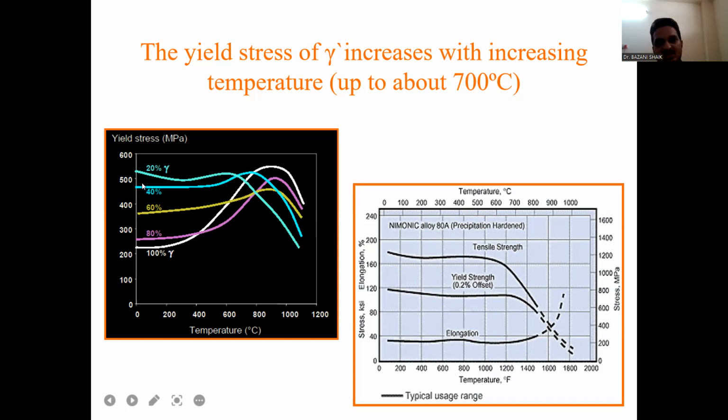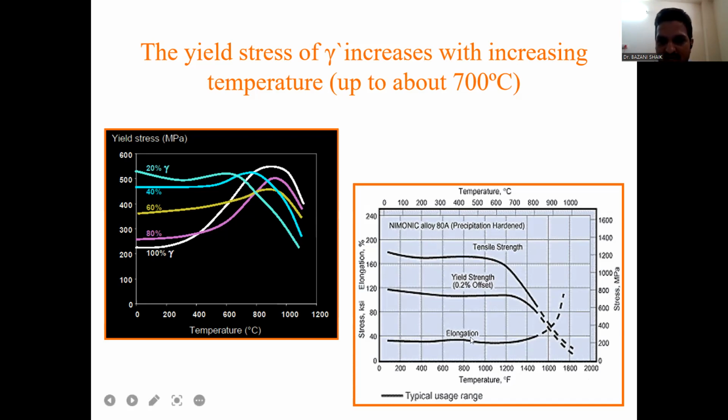How the yield stress varies with respect to temperature is very, very important. How different strengths are useful versus elongation. For any material and any product, whether metal, superalloys, or nickel-based alloys, the melting temperature and maximum temperature are very important.